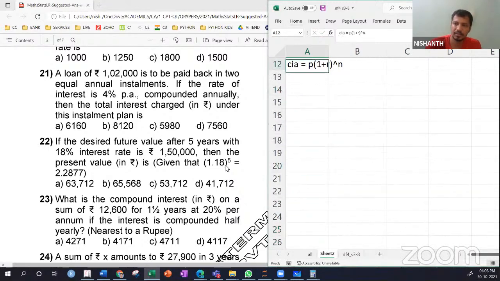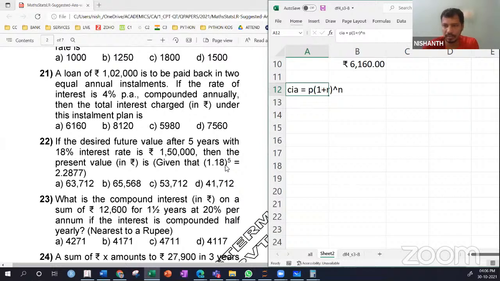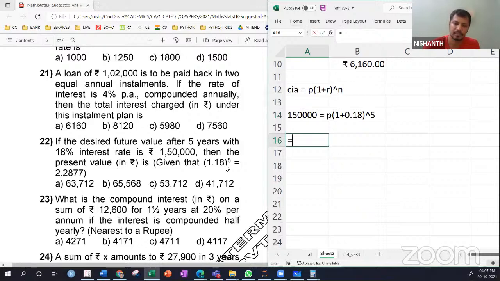So here the desired future value after 5 years with 18% interest rate is 150,000, equal to the present value or principal into 1 plus 18% to the power of 5. Option B. So I think now you have understood decimals and all.